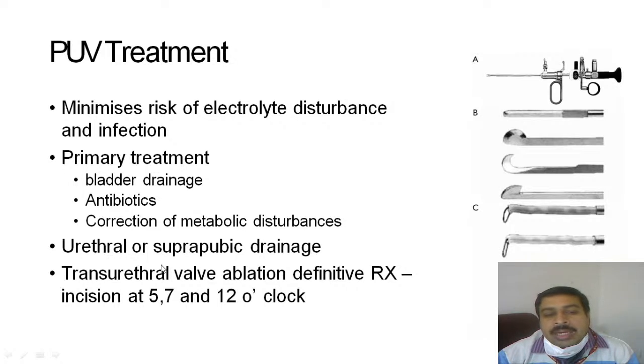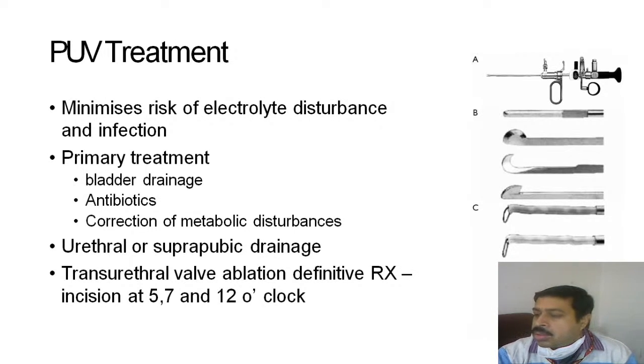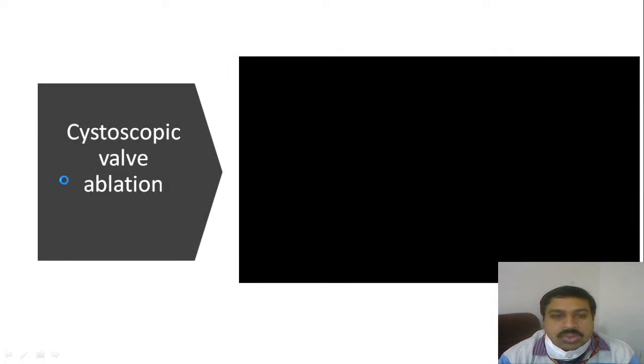That is done again by endoscopy, cystoscopy. So we reach the spot and ablate or incise the valves at 3 positions. I'll show you a video regarding that. And once those valves are hooked and cut, the valvular mechanism doesn't remain, and the obstruction is therefore taken care of.